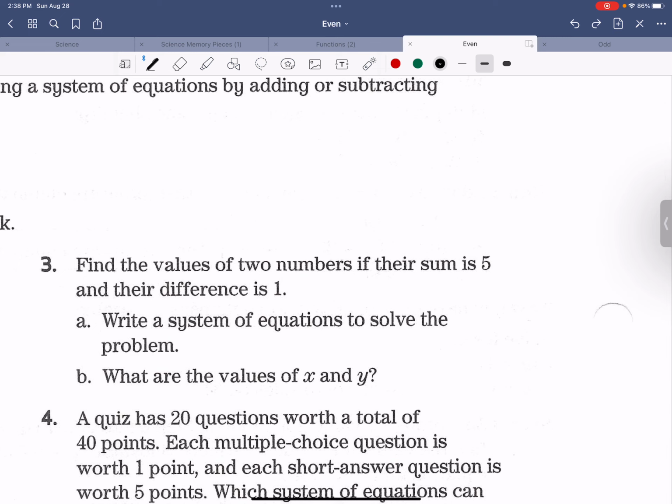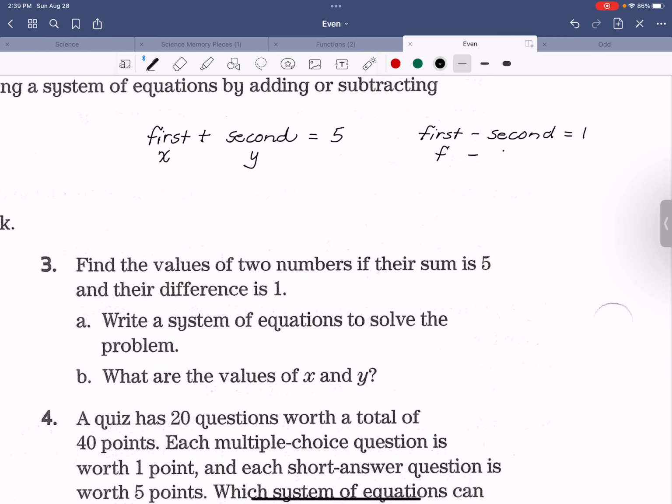So the first number and the second number are going to be x and the second will be y. Their sum, that's addition, is 5. And their difference is 1.